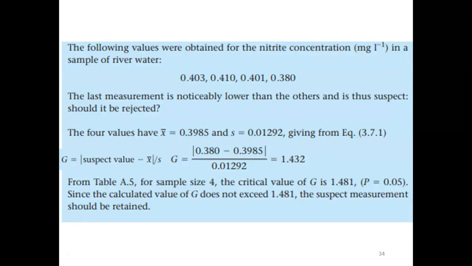We cannot reject the suspicious measurement. So it is not an outlier. We have to keep this measurement in our calculation. That is how we determine whether this 0.38 is an outlier or not.